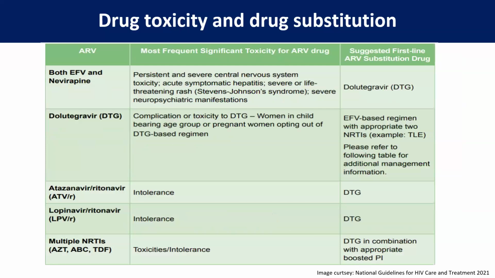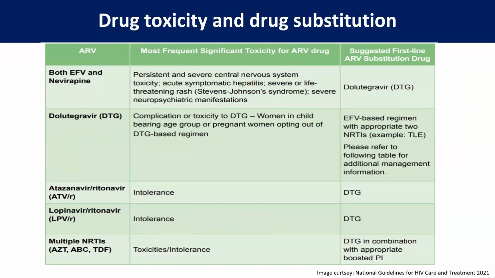In case of efavirenz and nevirapine, the program has already changed. All patients on nevirapine or efavirenz are subsequently substituted to a dolutegravir based regimen. And on a dolutegravir based regimen, if drug toxicity develops, they can be substituted to an efavirenz regimen.